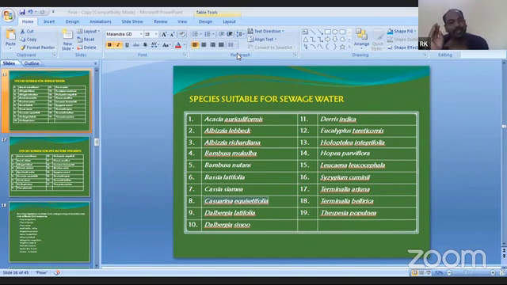This is a big study, only possible in the lab. Second, you are planting, suppose Dalbergia indica or Pongamia pinnata. After one year, you collect the leaf and analyze what elements are there. So you are analyzing both before and after. Then you can see whether the polluted area is reducing or not easily accessible.